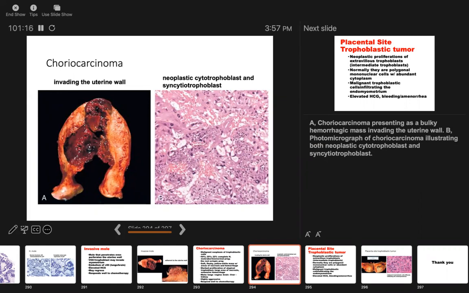The most common site of metastasis could be the lungs in 50% of the cases, and the vagina, followed by the brain, liver, bone, and the kidney. Often it goes to the lungs. HCG of trophoblastic cells, and they're expected to secrete HCG.